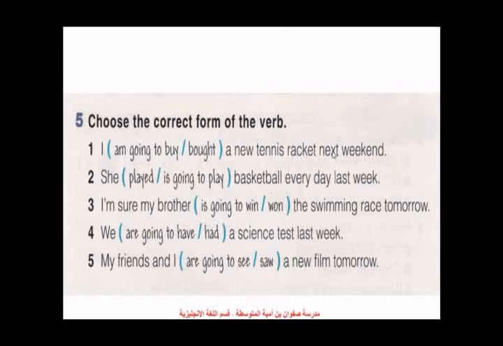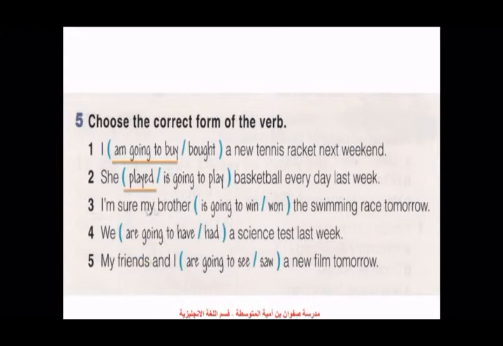The word next is always used in the future, and this means that the answer is I'm going to buy. Two, she played or is going to play basketball every day last week. Also here we have last, which refers to the past, and the answer must be played.